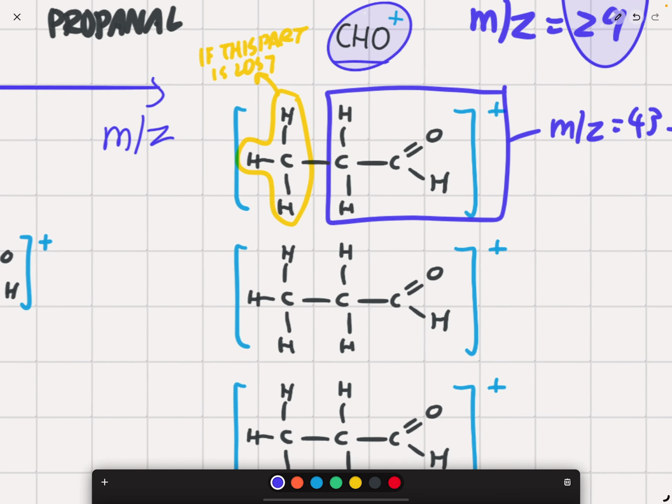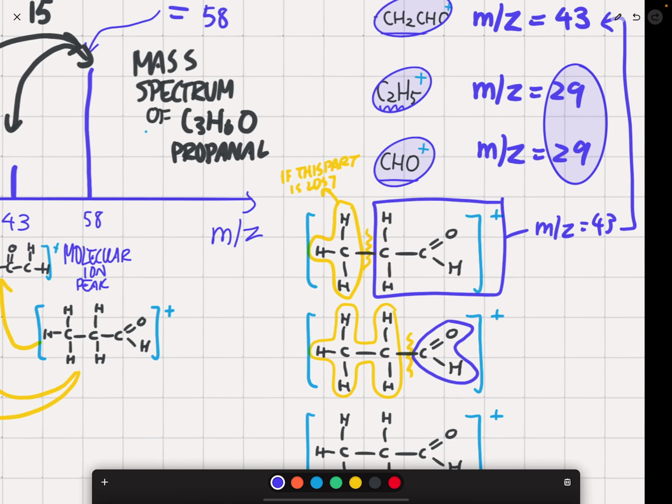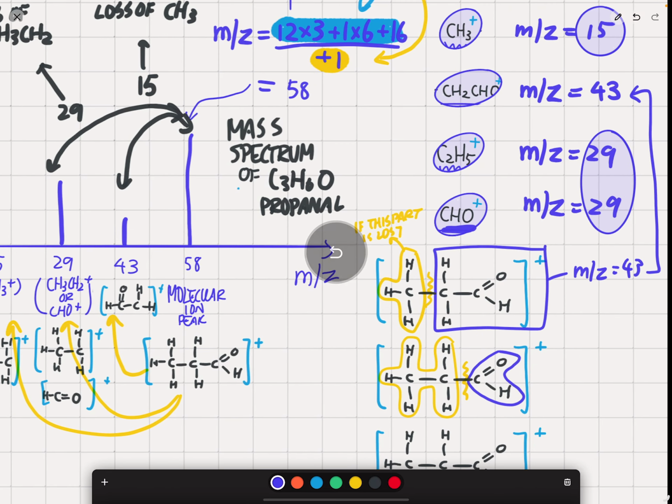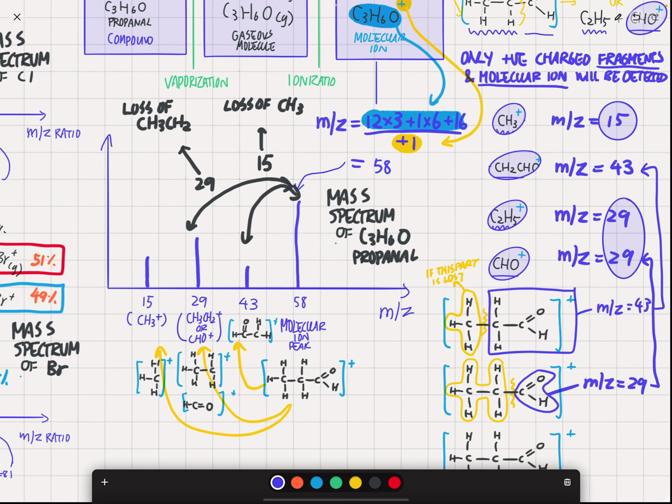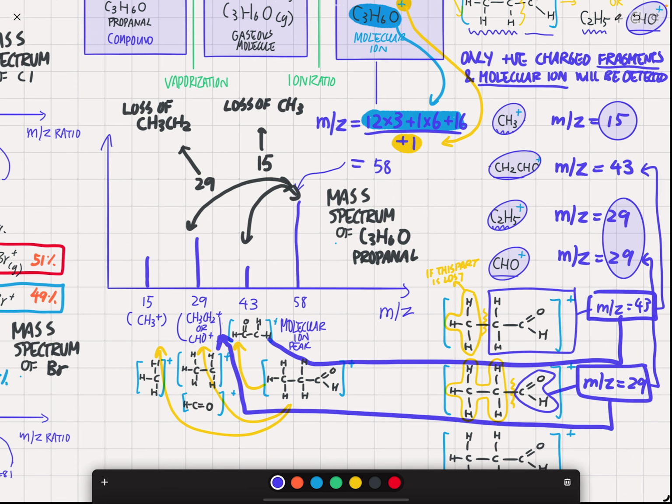But if instead the molecule breaks up at this CC bond, then the resultant fragment, CHO+, will have a mass to charge ratio of 29. So this is how you get this fragment peak at this position and at this position.